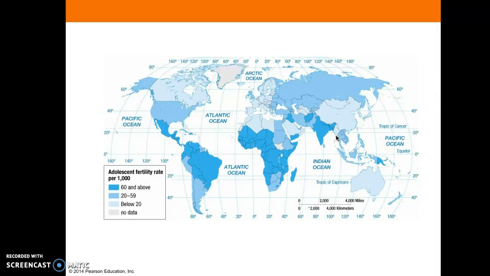In the U.S., we're in that 20 to 59. So our numbers are a little bit higher than most of the developed world. If we were looking at those sustainable development goals and how we could improve gender equality in the U.S., we could look at how to improve maternal mortality rates and how to reduce teenage pregnancies, particularly unwanted teenage pregnancies.